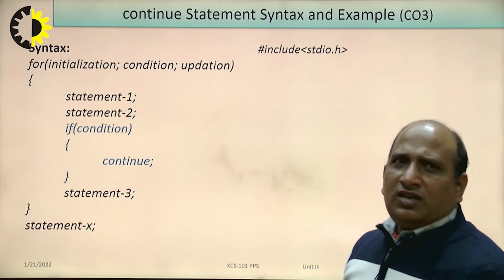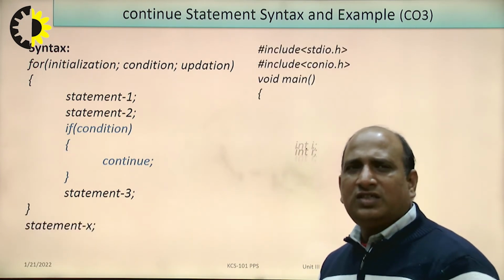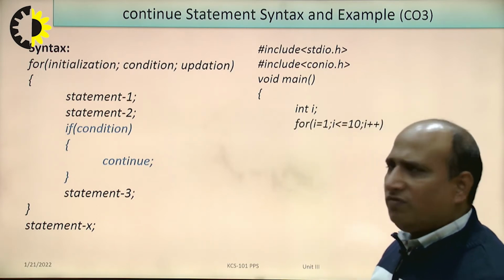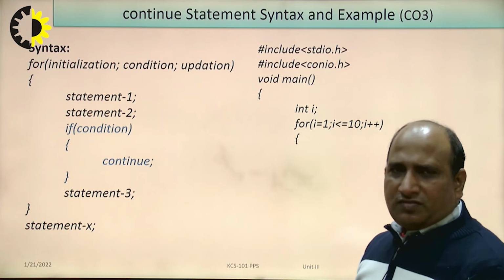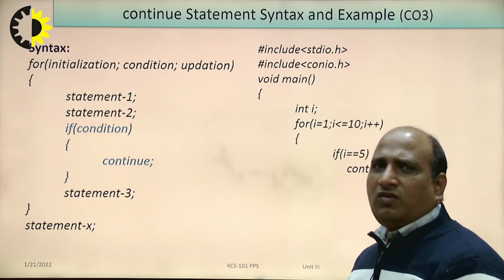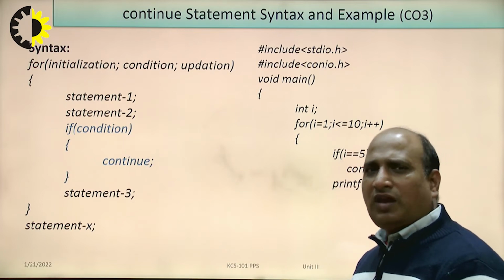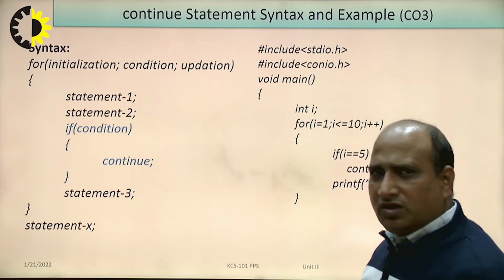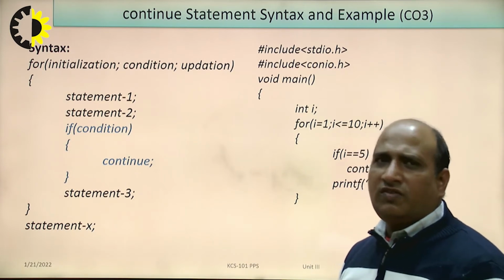Here I have written a code for that. The same concept has been implemented. I have created a loop from 1 to 10, and here if i equals 5, the continue will be encountered, and i is being printed. Means control will come to the continue only when i equals 5.